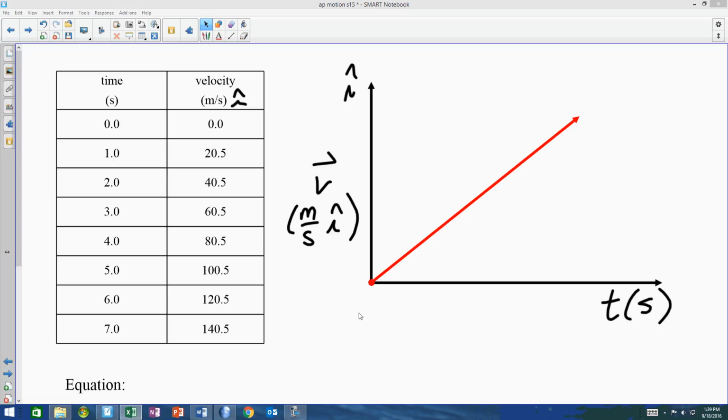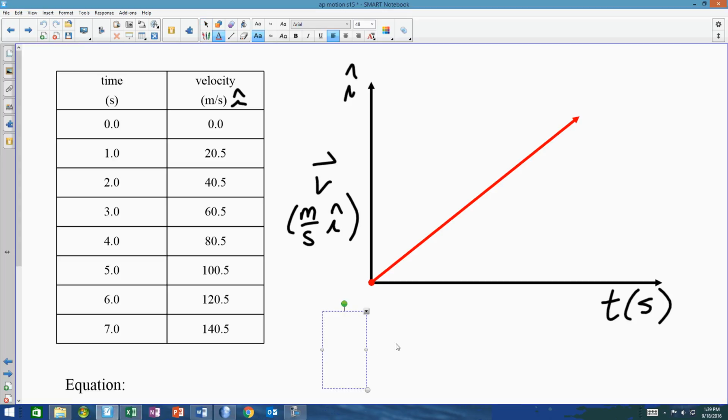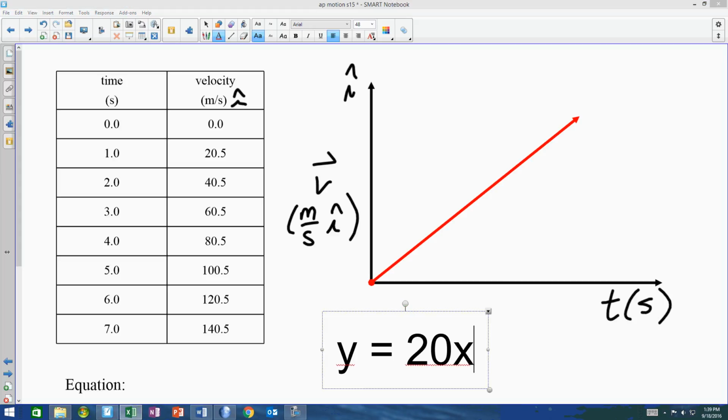And so what you should end up with for the equation of your line of best fit, I'm going to type it in, is y equals 20x. Now, I also ended up with like 20.1.